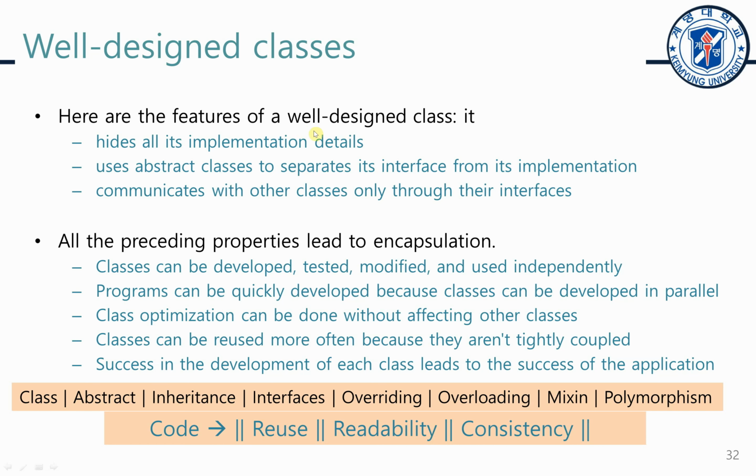It communicates with other classes only through their interfaces, that means only through their public interfaces. Only through the methods that are public can they interact with other classes. And all these preceding properties lead to encapsulation.